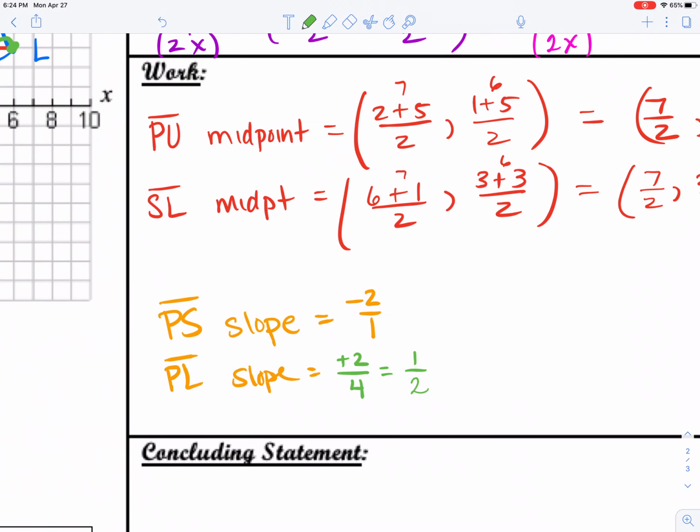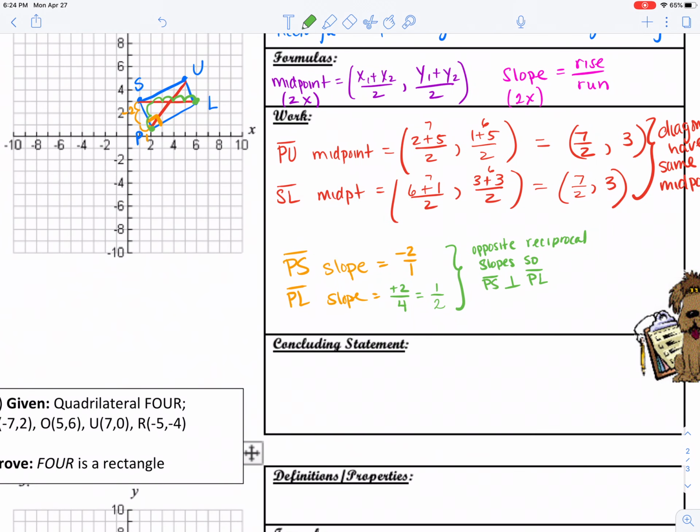Okay, you have to have the opposite signs. So here, one of them's negative, and one of them's positive. One of them is 2 over 1, one of them is 1 over 2. So opposite reciprocal slopes. So we know that PS is perpendicular to PL. So that's a big concept, understanding that if the two lines have opposite reciprocal slopes, you know that they form a right angle.